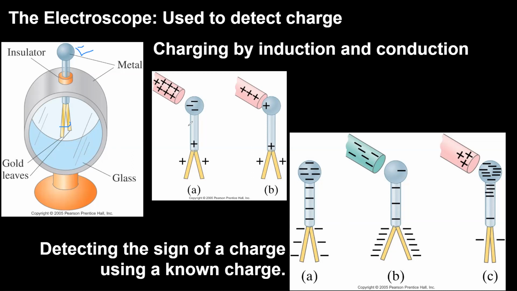So for example, if you have a positive charged item, a lot of the negatively charged items, the electrons, move up this wire and to the metal ball because opposites attract. So this will leave these two leaves with mostly positive ions, and then they would end up repelling one another.